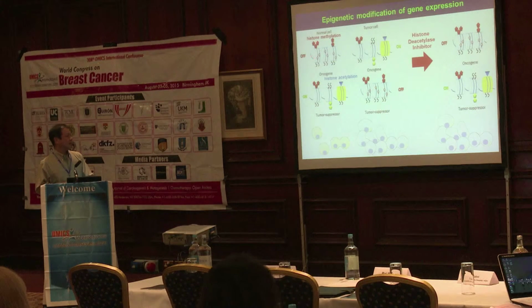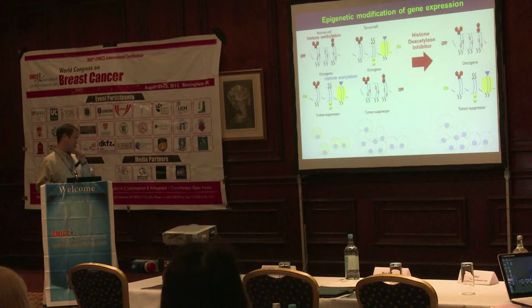The balance of histone methylation and histone acetylation is important in the regulation of gene expression. In tumor cells, oncogenes are on and tumor suppressor genes are off.